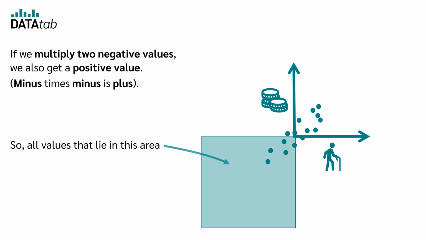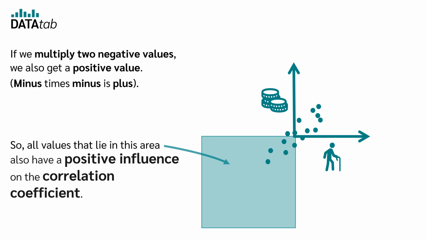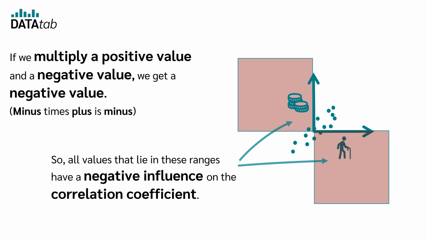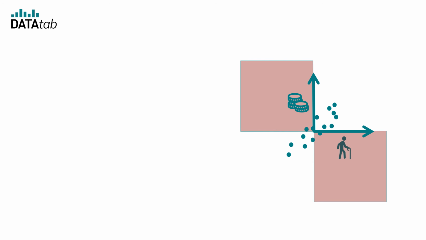So all values that lie in this area also have a positive influence on the correlation coefficient. If we multiply a positive value and a negative value, we get a negative value. Minus times plus is minus. So all values that lie in these ranges have a negative influence on the correlation coefficient.